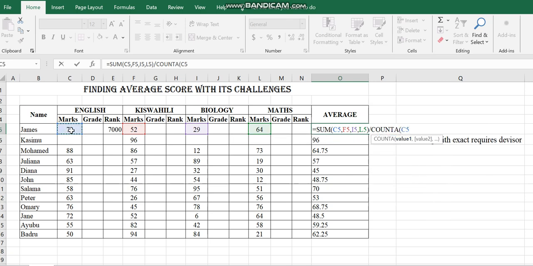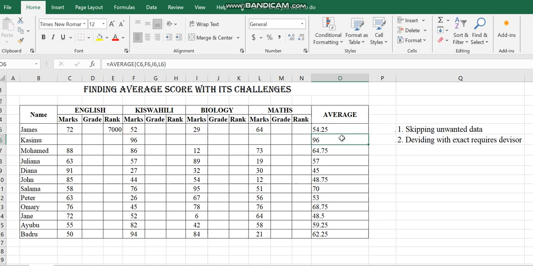You click this part, this part, this part, and this part. C, F, I, and L. Then you close the bracket. If you press enter, you drag.